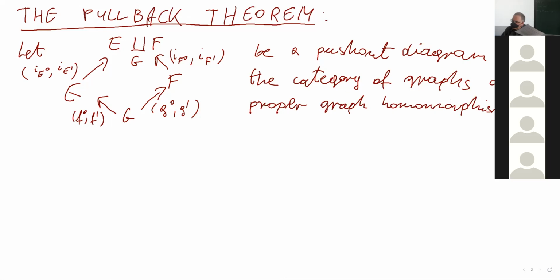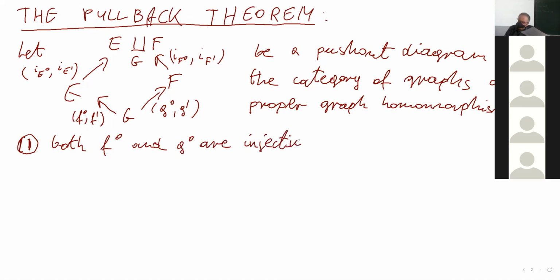Such that the following 3 conditions are satisfied. 1, both F0 and G0 are injective. So this is what we call the vertex injectivity condition.